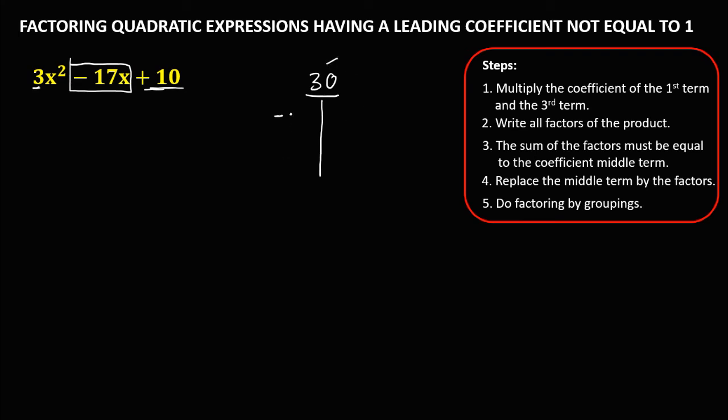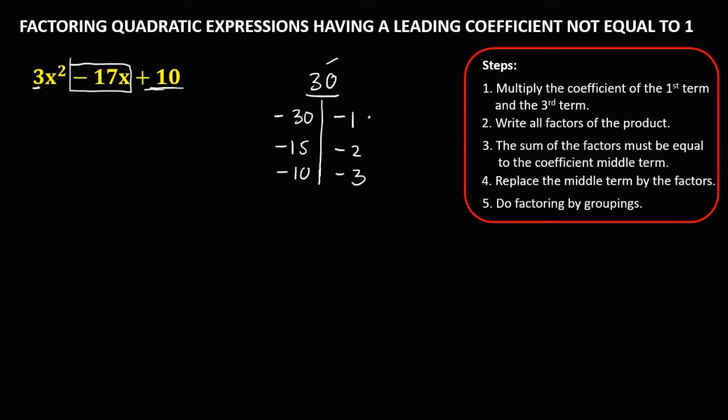So we have negative 30 times negative 1, negative 15 times negative 2, negative 10 times negative 3. So these are the factors of this positive 30.